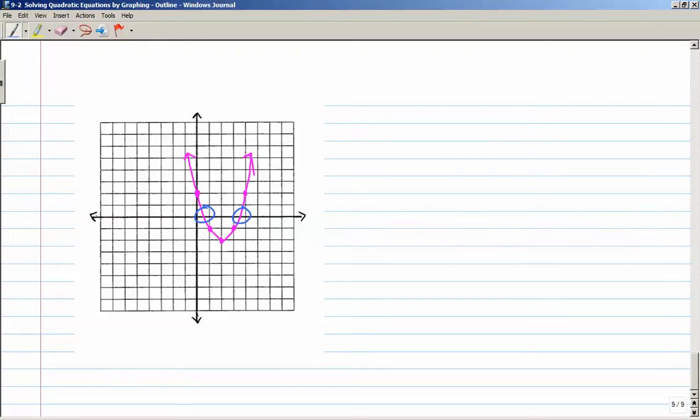But notice, those aren't exact points. They actually cross, this one on the left is between x equals 0 and x equals 1. And the one on the right is between x equals 3 and x equals 4.